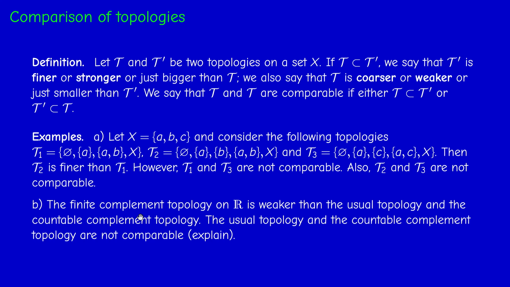So take an open set in the finite complement topology. If it's empty, then of course it belongs to the usual topology. If it's not empty, then the complement is finite. But we know that finite sets in R in the usual topology are closed. I didn't explain the notion of closed, but you guess. A closed set actually is a set whose complement is open.